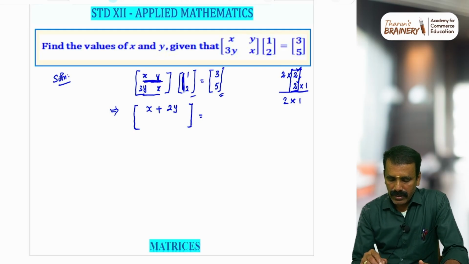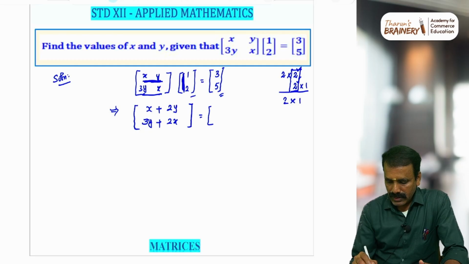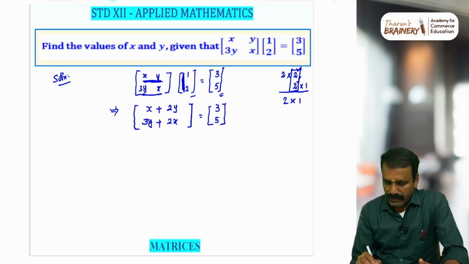So it is only 1 row, 1 column. Next we multiply the second row with the first column. So it is 3y into 1, it is 3y, plus x into 2, 2x, is equal to 3 and 5. Here also we are having 2 rows, 1 column.